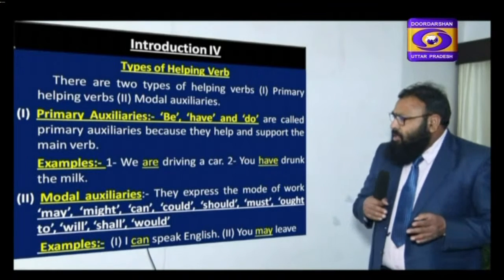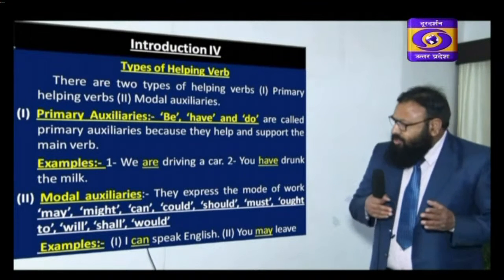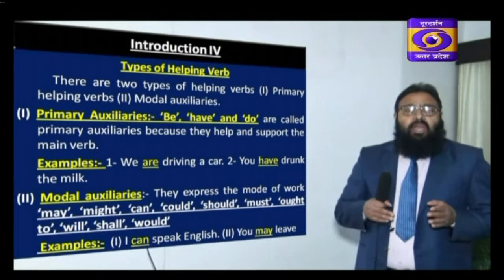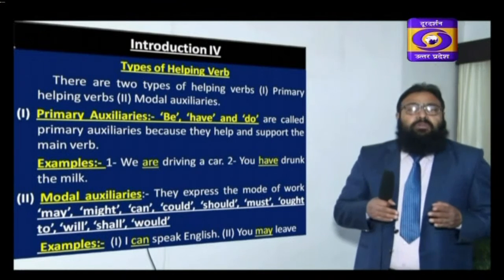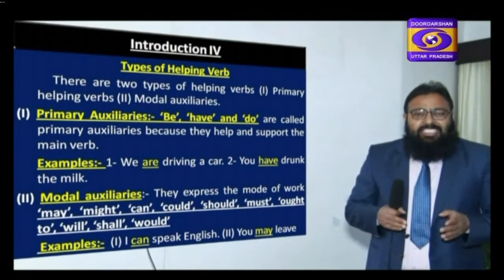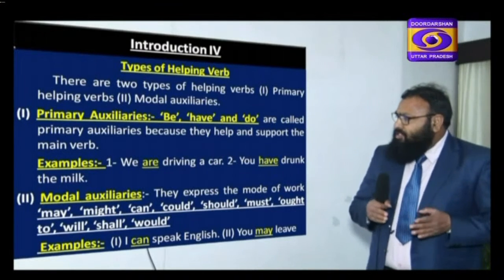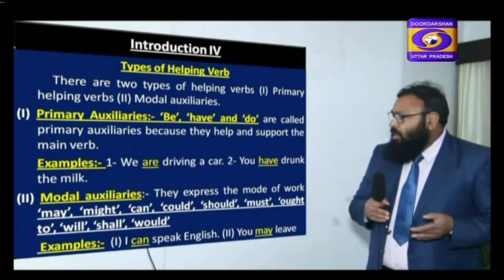Examples are: We are driving a car. Driving is the main verb and are is helping the main verb driving. And it is telling us that the sentence is in the present continuous tense and the subject is plural.